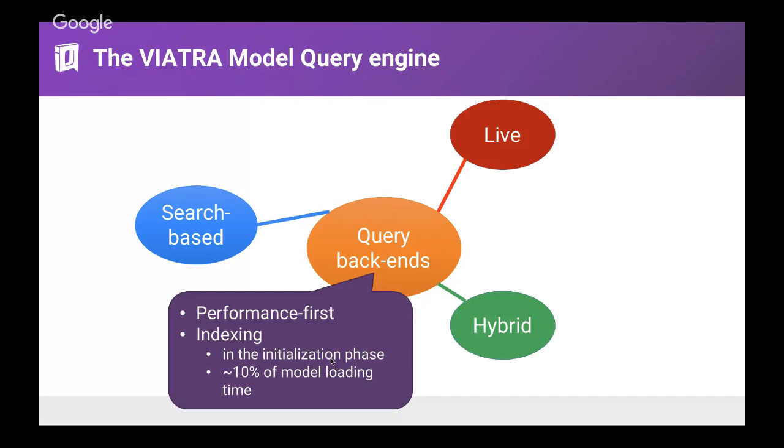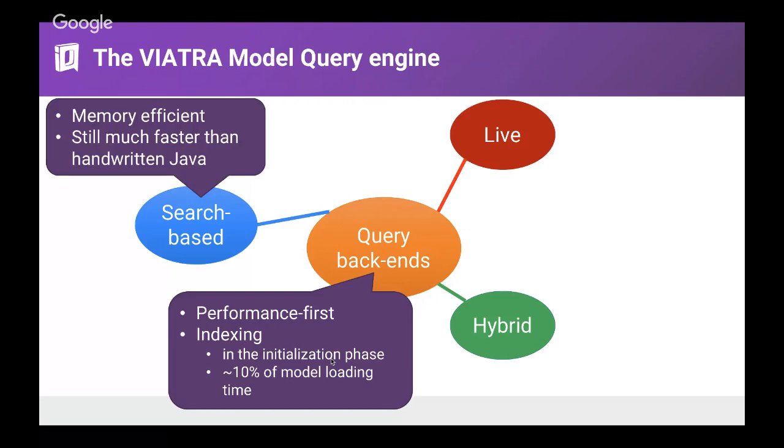modeling tools. But before any of these query strategies can run, VIATRA actually performs a so-called indexing operation on the contents of your model, because all the calculations are then performed on these index representations. The search-based engine is the most memory efficient version that you typically use when you want to minimize the memory usage of your tool.